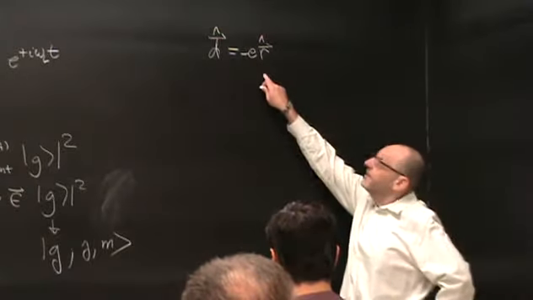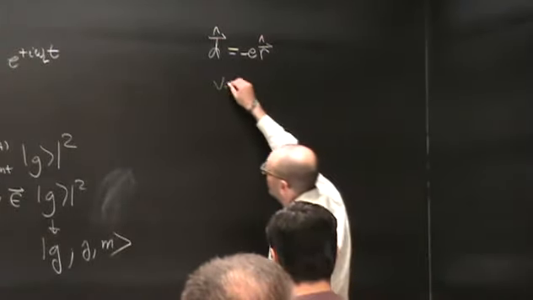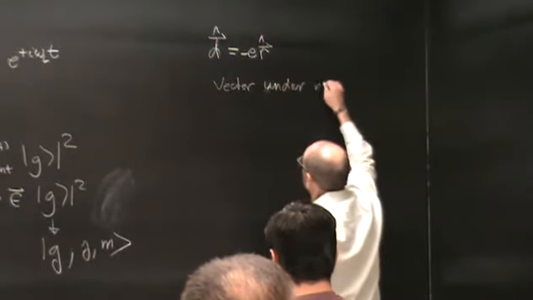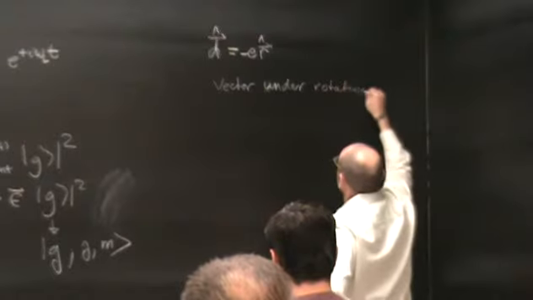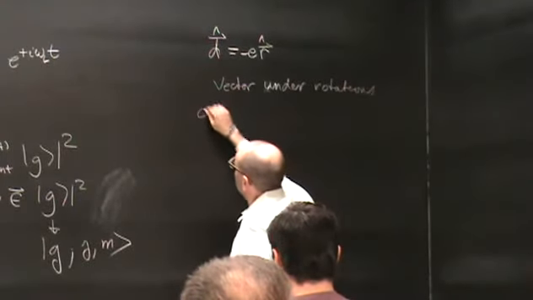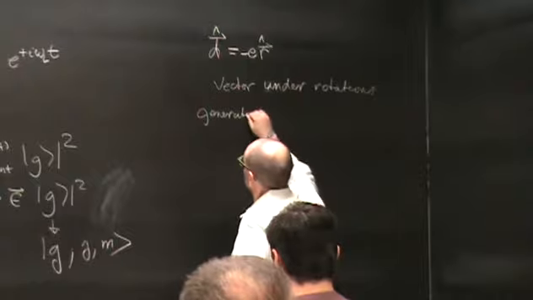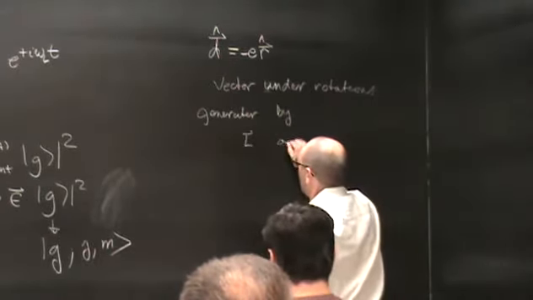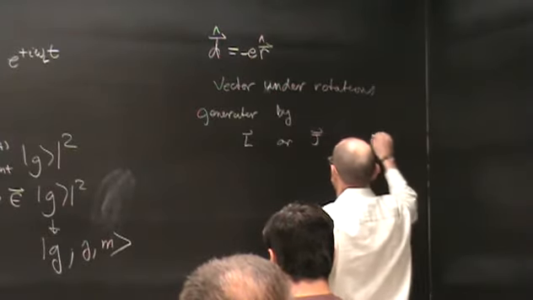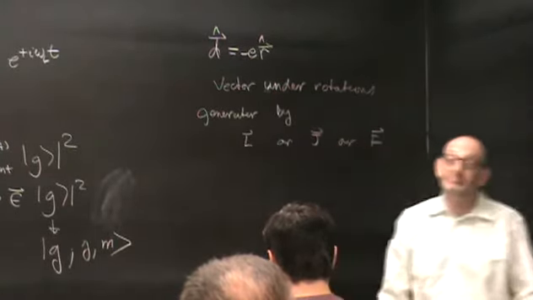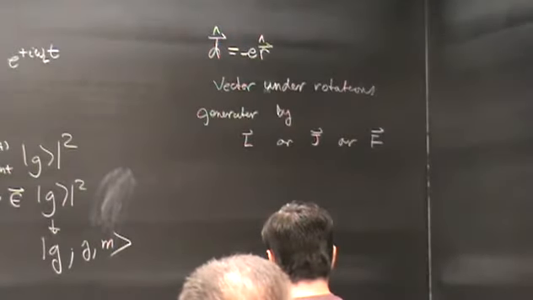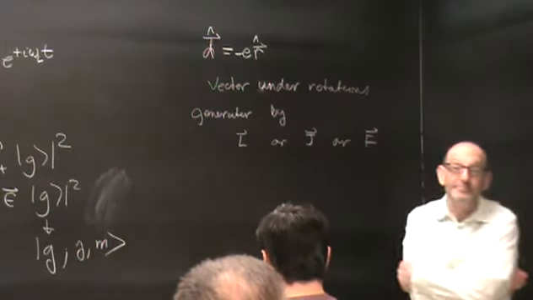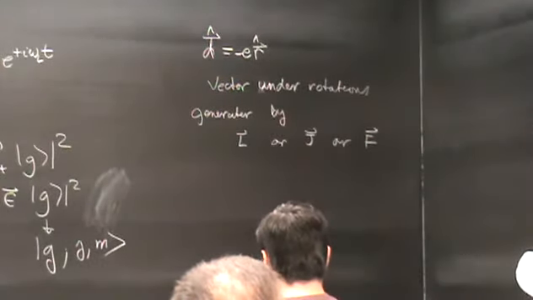Now, this is a vector under rotations generated by L or J or F. Any one of them. It's a vector under rotations generated by that, for the very reason that we just described. Okay? Is that clear?